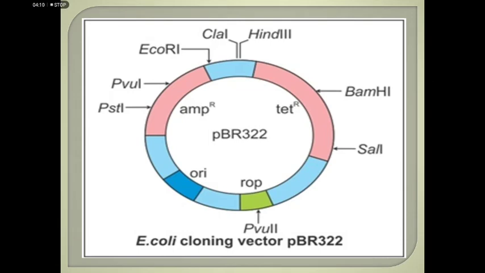Here is a picture of a plasmid, an E. coli cloning vector known as pBR322. pBR322 is the name of this plasmid.